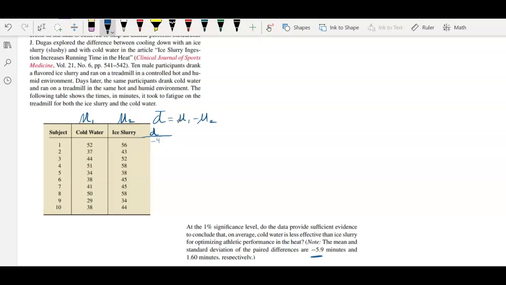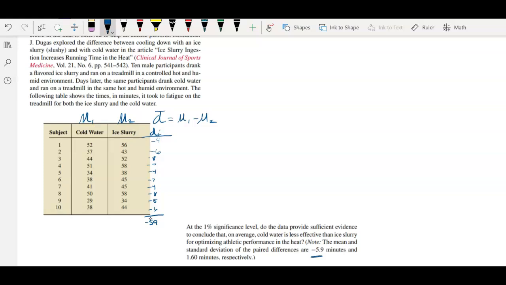Then 37 minus 43, and of course, that gives me negative 6. So what you need to do is pause the video and go through and find those differences, keeping consistent, 1 minus 2, mu1 minus mu2. Those differences are going to add up to negative 59. So those are the individual paired differences.